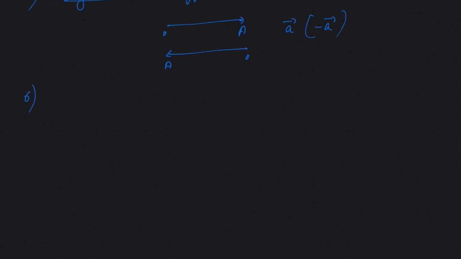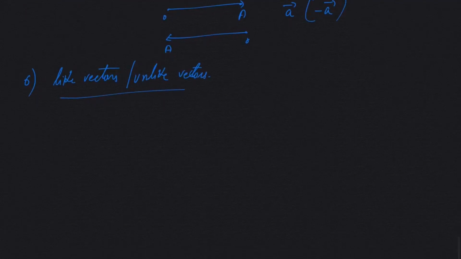Next, of course, we will discuss like vectors and unlike vectors. Now what are like vectors? Like vectors are collinear vectors. Okay, before that, what are collinear vectors? Collinear vectors are vectors having the same or parallel supports.